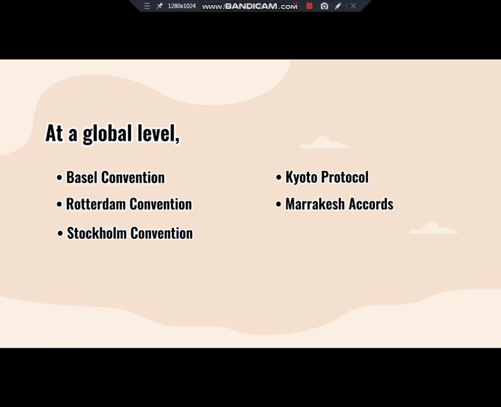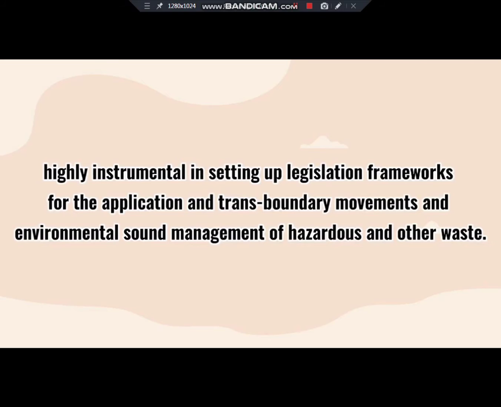And here are examples at a global level: Basel Convention, Rotterdam Convention, Stockholm Convention, Kyoto Protocol, and Marrakesh Accords. These are highly instrumental in setting up legislative frameworks for the application and transboundary movement and environmentally sound management of hazardous and other waste.